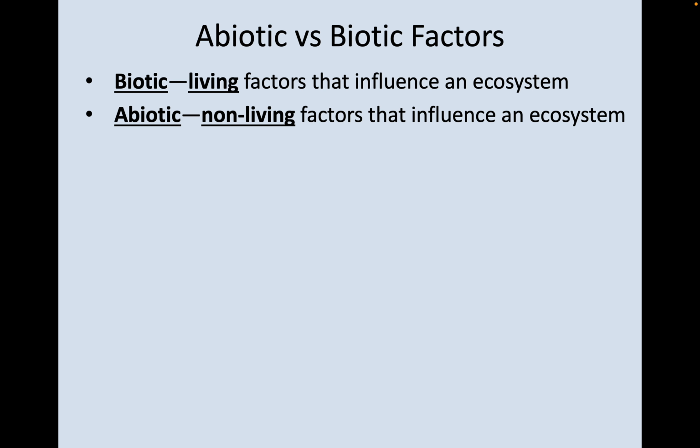Okay, we've got abiotic and biotic factors within an ecosystem. So biotic would be living factors. So remember that the term bio means life. So biotic means living. Abiotic, the prefix a means not. So abiotic means not living factors, and they're within the ecosystem.